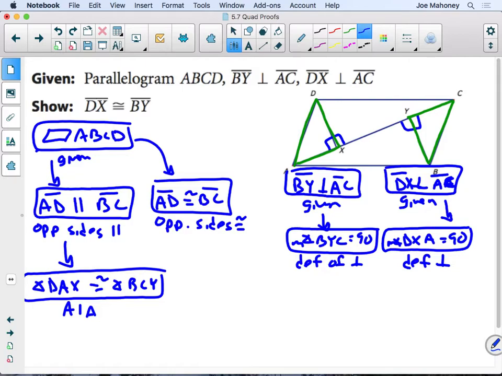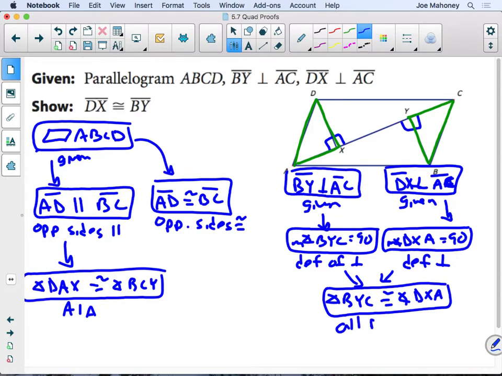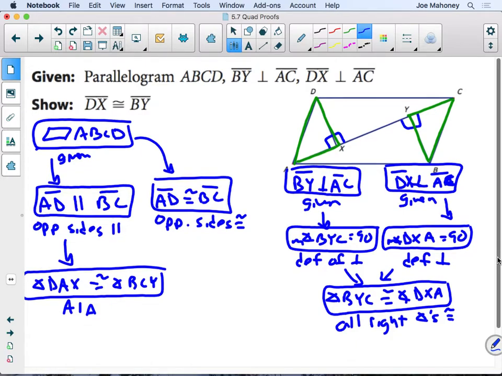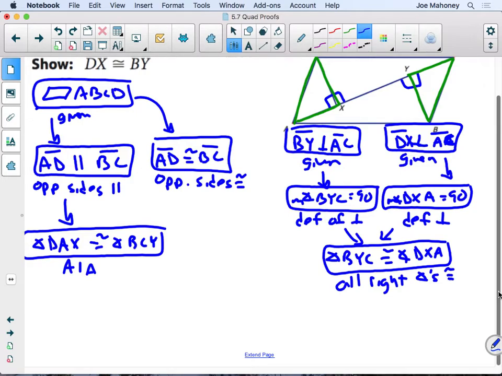Now I've got two angles that measure 90, so therefore angle BYC is congruent to angle DXA because these are right angles and all right angles are congruent. So again, that's old stuff. We've done triangle proofs where we've proved lines perpendicular, or we've done perpendiculars to right angles. We've done all that. So now I can start pulling some things together.